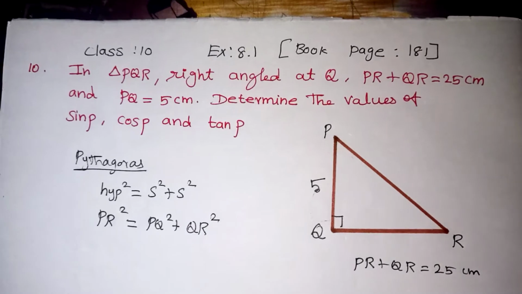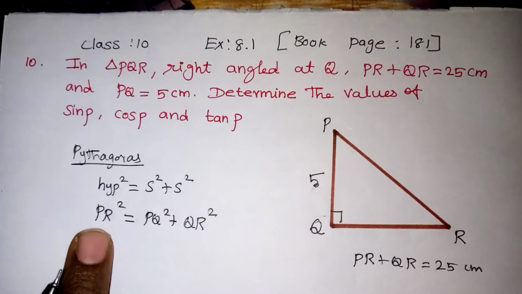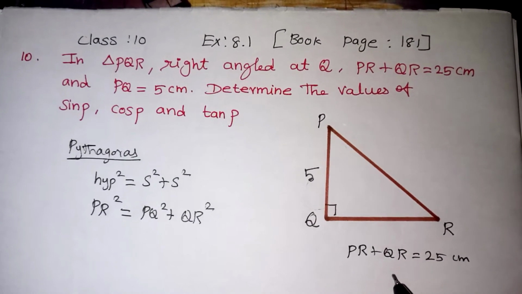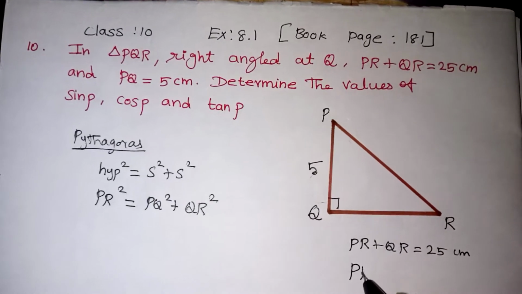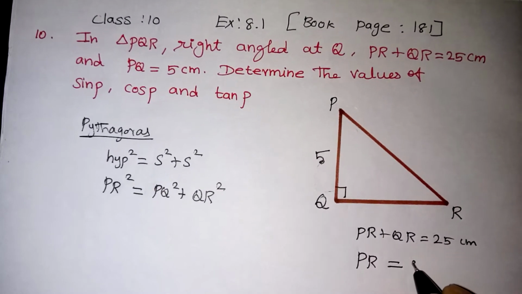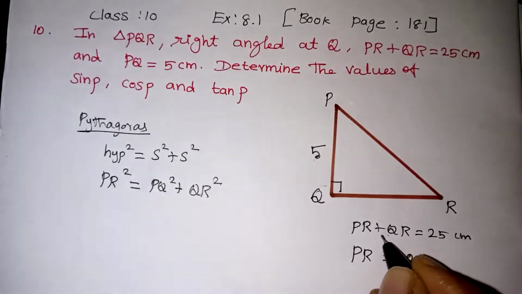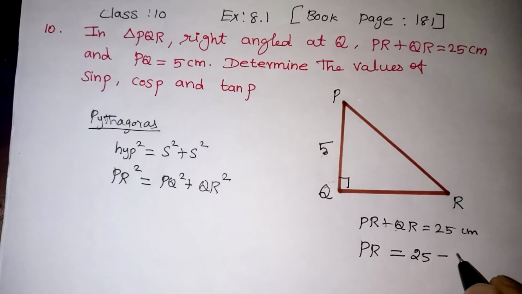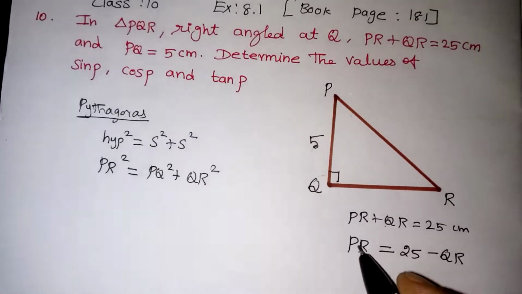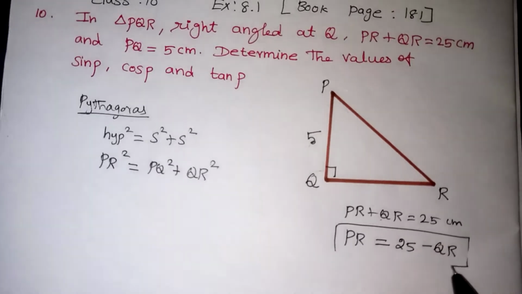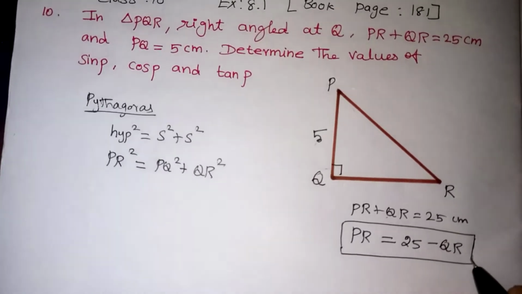So this is given. So here we want PR now. From the given equation we can take PR, so PR is equal to 25, and this plus QR you just take to the other side, that will become minus QR. So we can substitute PR as 25 minus QR.